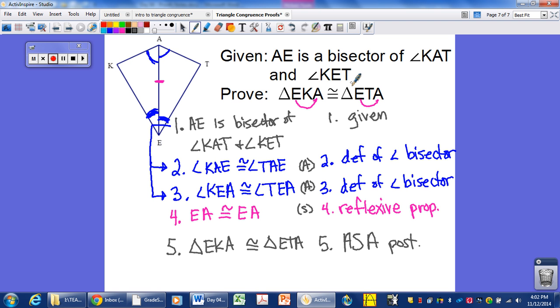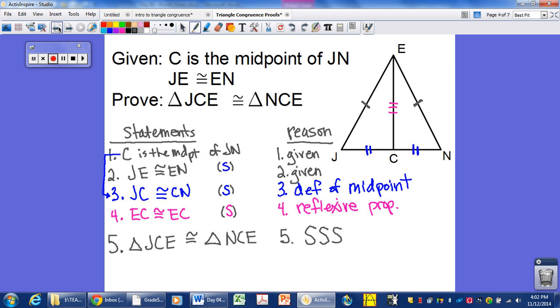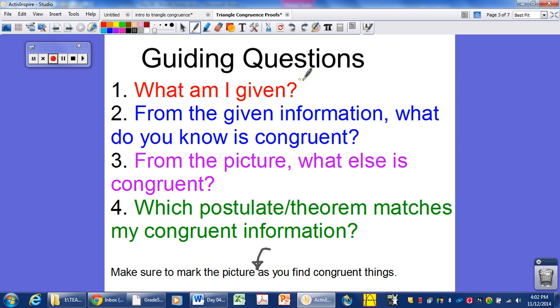And you can use these four guiding questions. What am I given? What information is given to me? From your given information, what do you know is congruent? Once you've exhausted that, you go to the picture. What else is congruent from the picture?